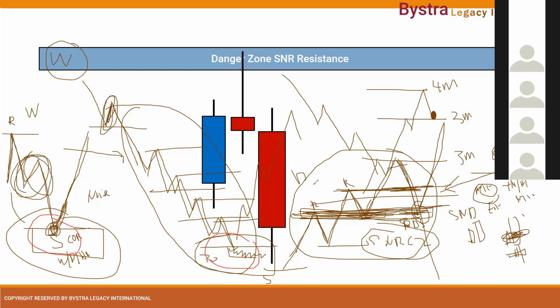For example, if we take this one, we have a bullish candle before the price comes to the danger zone, and when it reacts from the danger zone, should we look for a maximum of 3 candlesticks to break the structure of the blue candlestick? That's a good question, Pinar. I'll explain that in the next part after this.